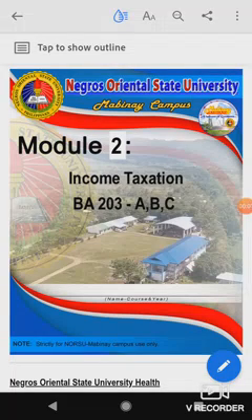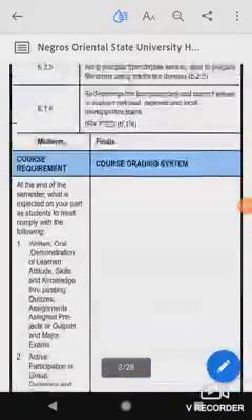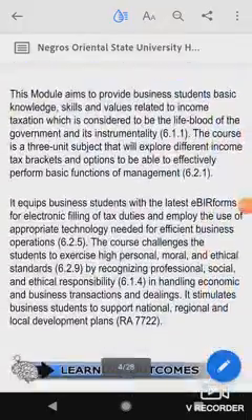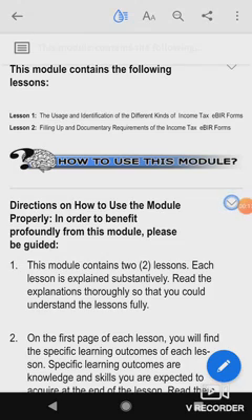Afternoon, everyone. Today we'll discuss the content of Module 2, Income Taxation for the subject BA 203. To begin with, we'll check the lessons in Module 2 for Income Taxation. We have Lesson 3, where we will be dealing with the usage and identification of the different kinds of income tax eBIR forms.